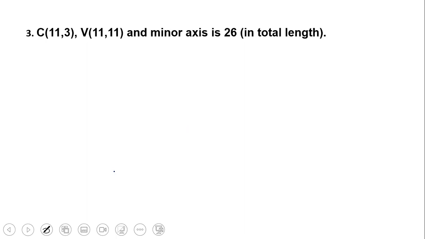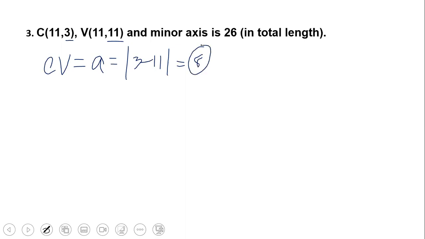Next, you also have the following parts. So, from the center, what changes is the x. So, center to vertex is a. Let's get the vertex distance: you have 3 minus 11, which is equal to 8, positive 8. And the minor axis is in terms of b. So you already have b.